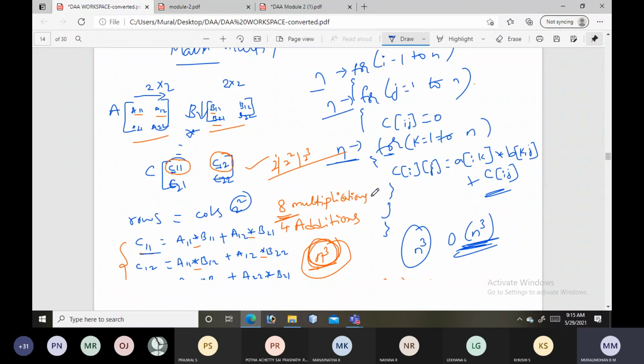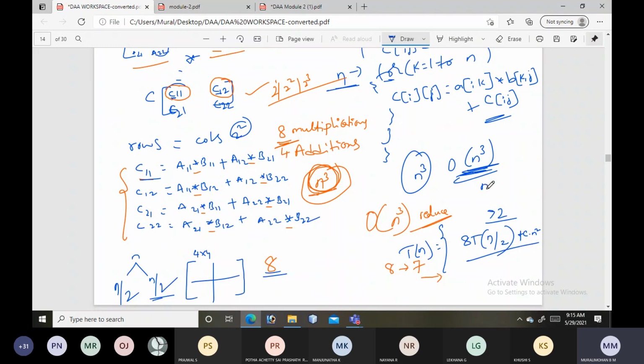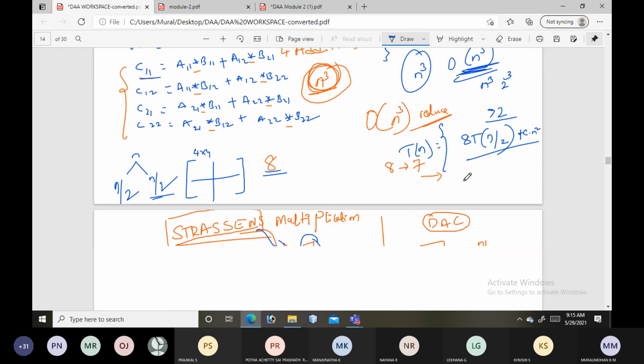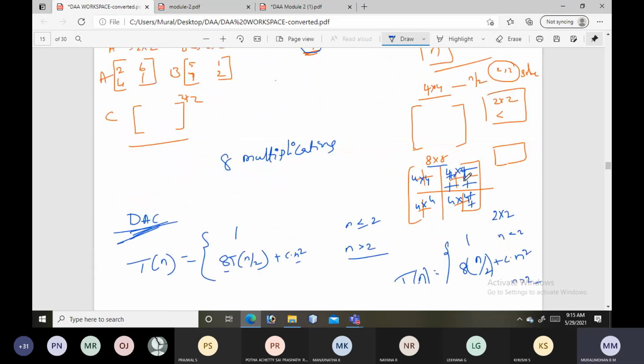So hence the total time is n cube. If n is 2, it is taking 2 cube, right? Understanding?